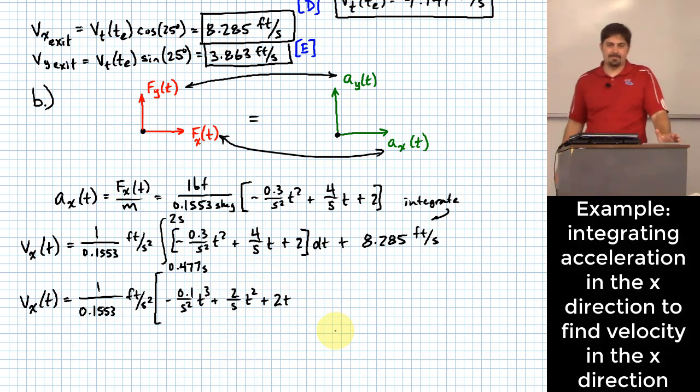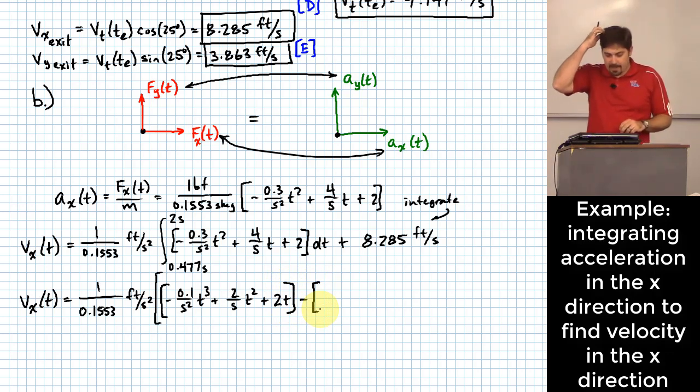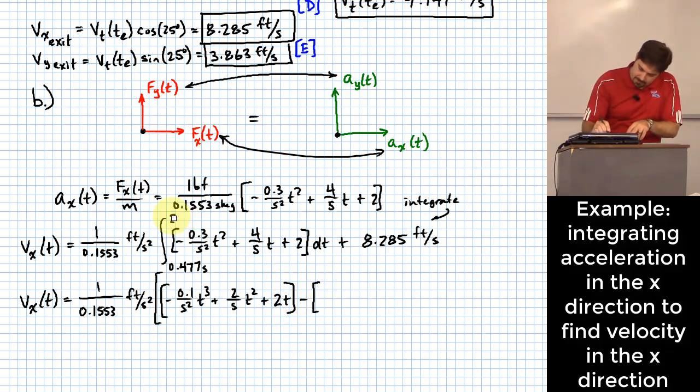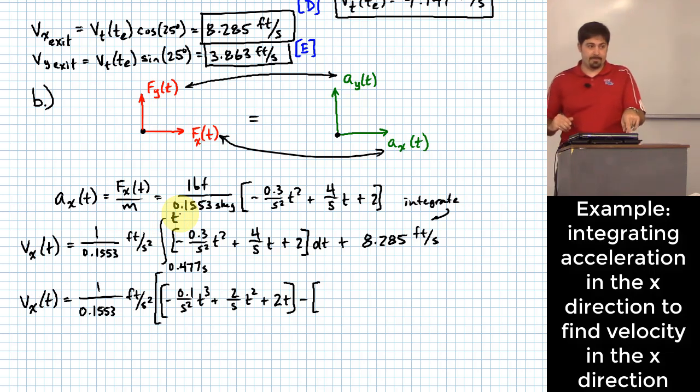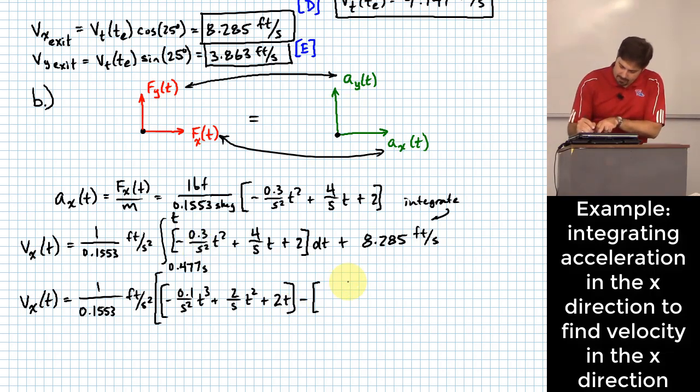So this is what I get when I integrate that, but then I have to subtract the case where I plug in whatever that time is at exit. I'm going to do this up to time t so that it's general enough that I can take another derivative, because that's ultimately something that I'm going to need to do. So a couple of things I got a little bit eager on there. I put in t here, and then I do basically this again, but I plug in whatever that time is at exit.